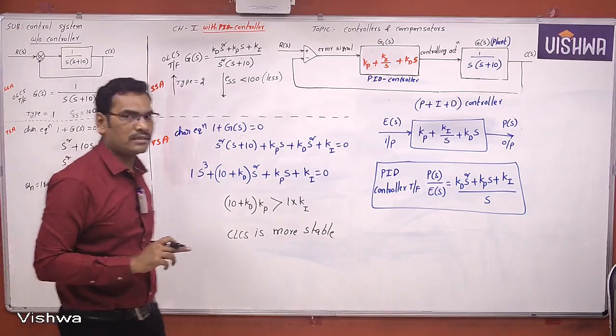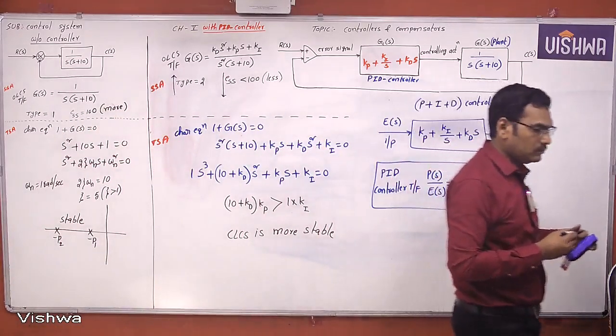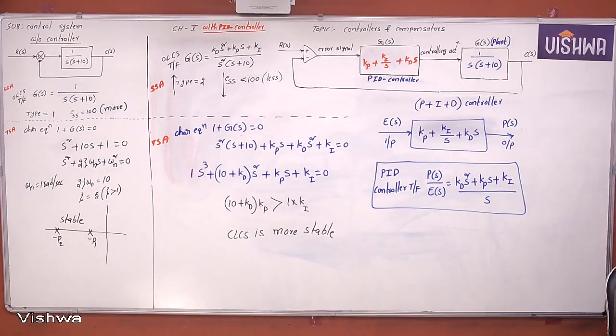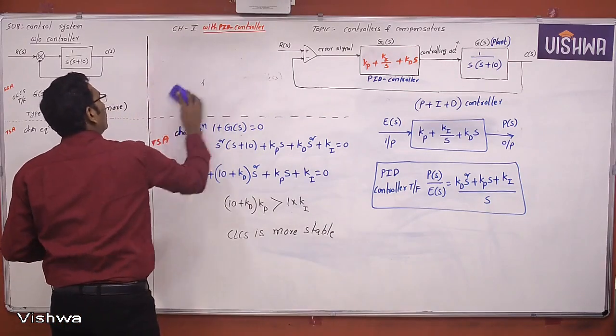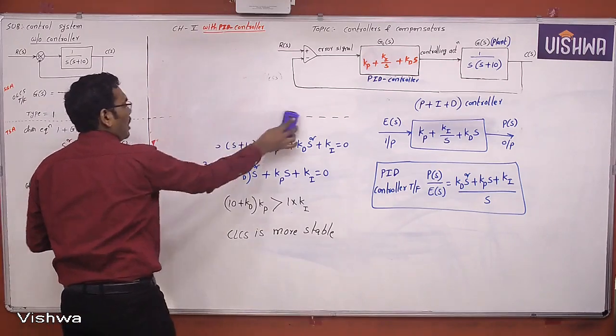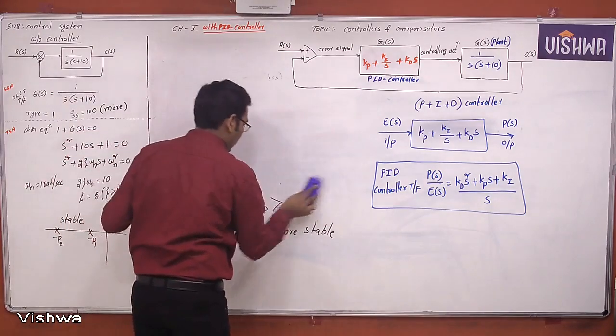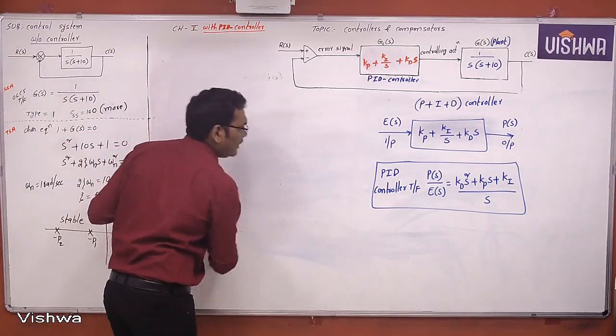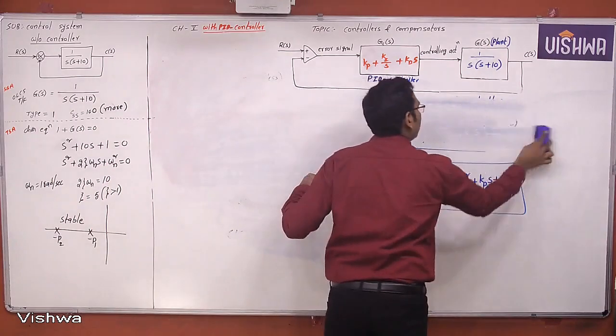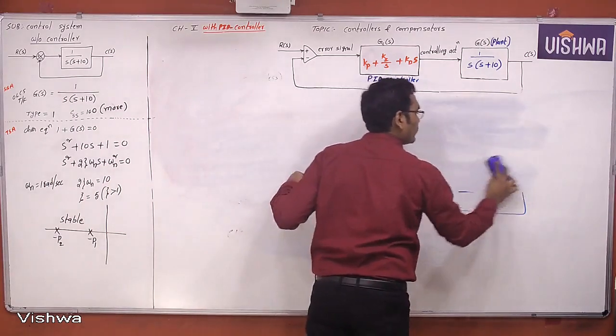Now first you note this down. These are the controllers, how they improve the transient state analysis as well as the steady state analysis, so that you can get the desired characteristics, right?